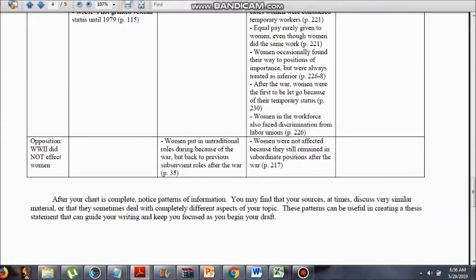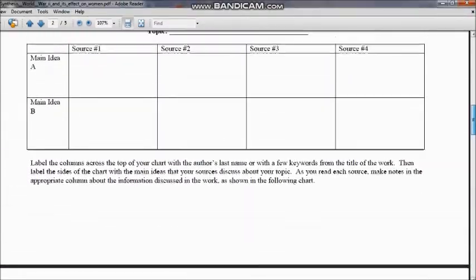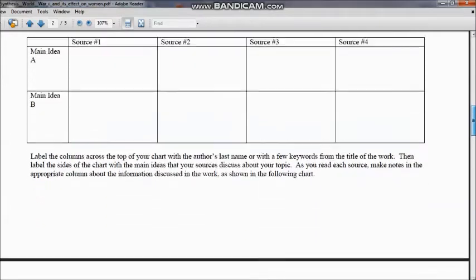Now look again, Connelson. From the outset, male pilots resented women's presence in a traditionally male military setting. Now it's not just the settings. Even when they were talking about the setting, even the uniforms, how the women's bodies were recognized.